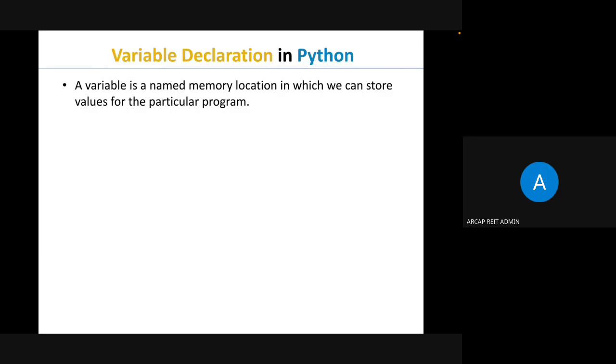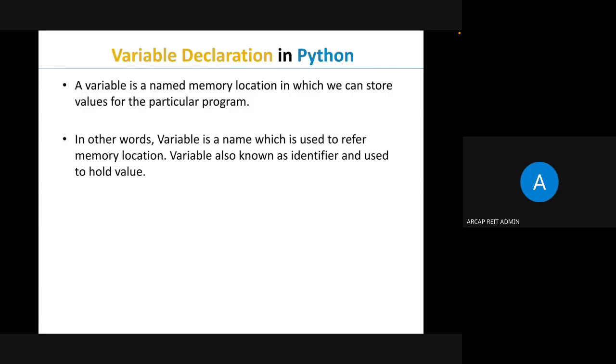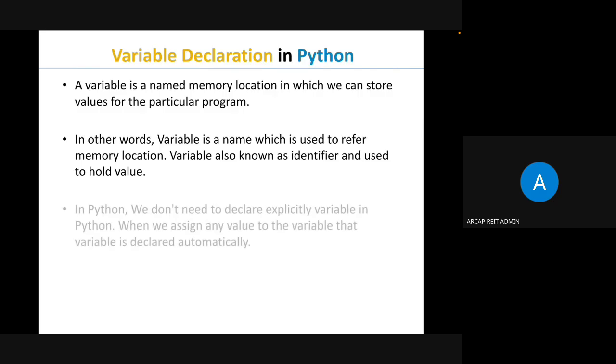Like a pocket, it is a name given to some space where you're keeping your pen. In the same manner, a variable is a named memory location in which we can store values in a particular program. A variable is a name used to refer to a memory location. A variable is also known as an identifier because we are giving some name, like A is equal to 20.